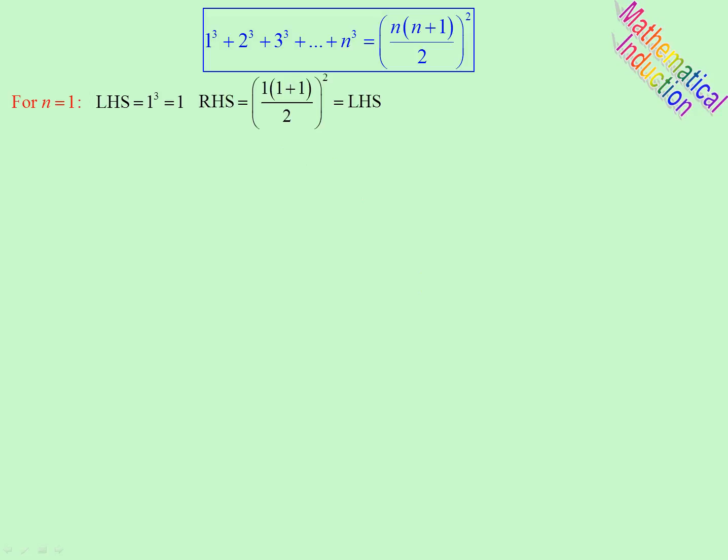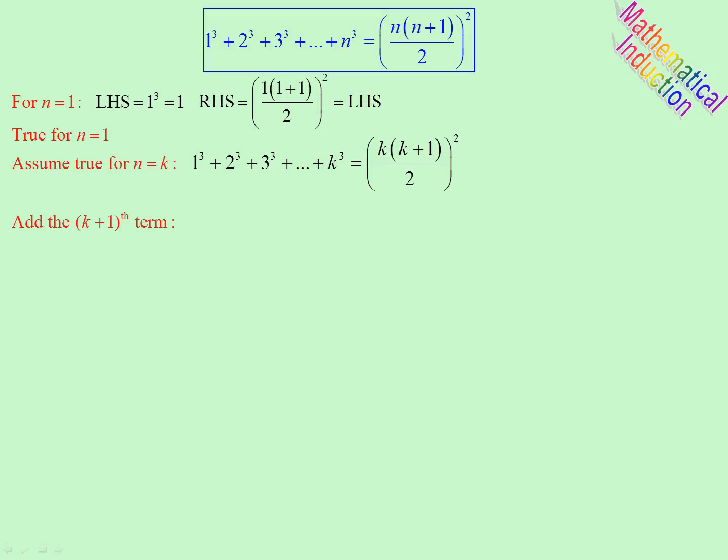Equals left hand side. True for n equals 1. Let's get on to a rung. Assume true for n equals k. That with a k. Now we need to get on to the next rung. Add the k plus 1th term.